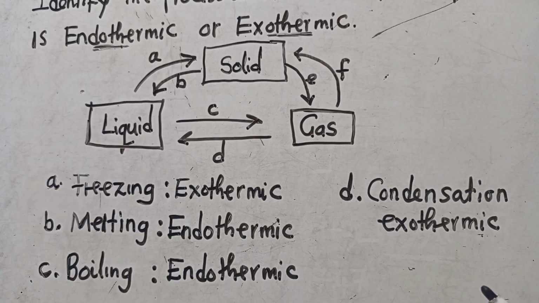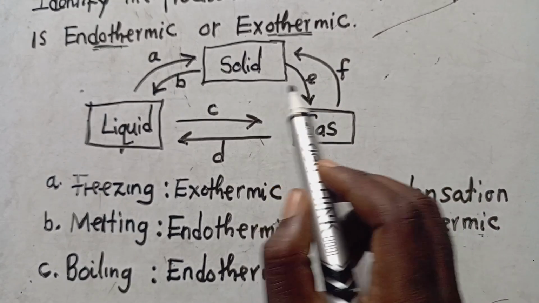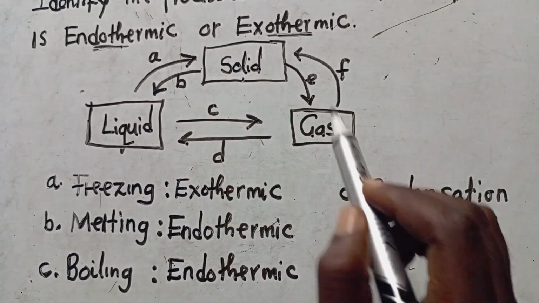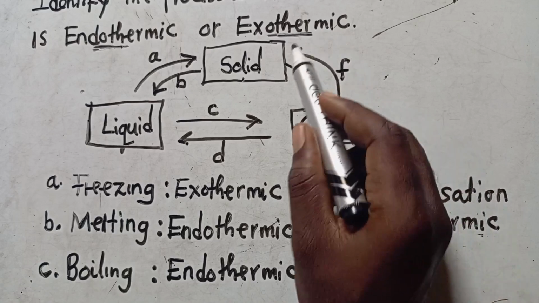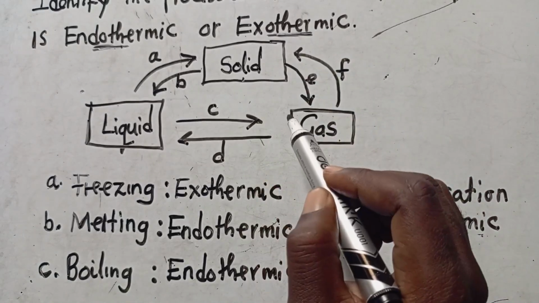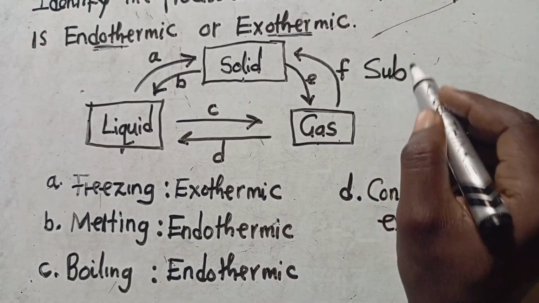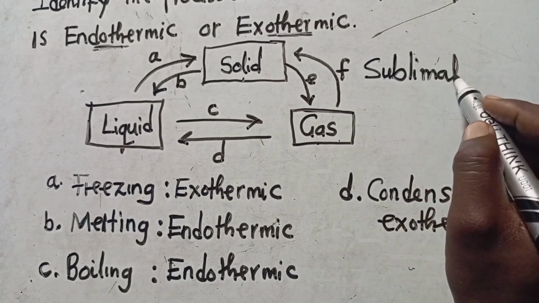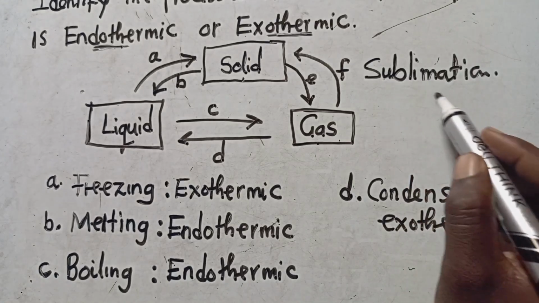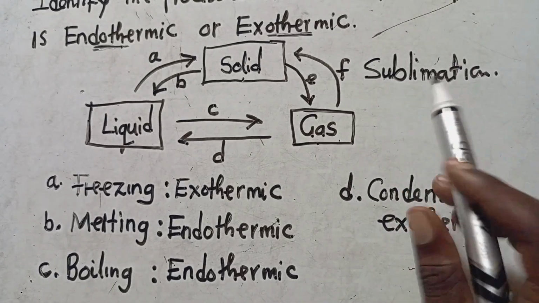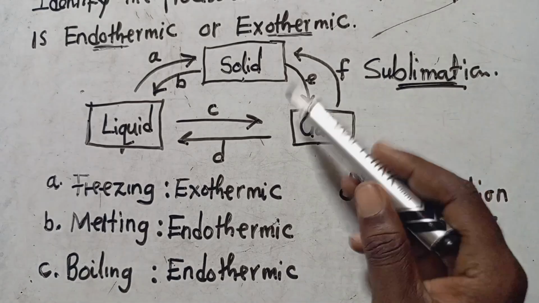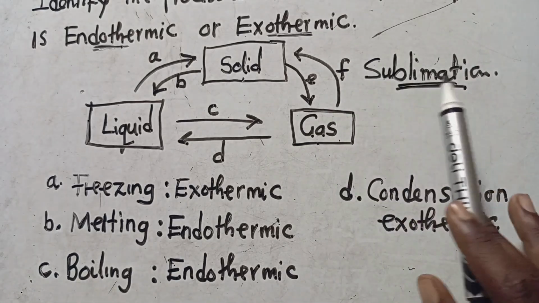We now move on to these processes that are here. The first one, we've got a process by which a solid changes to gas and a gas changes to a solid. These two processes are called sublimation.